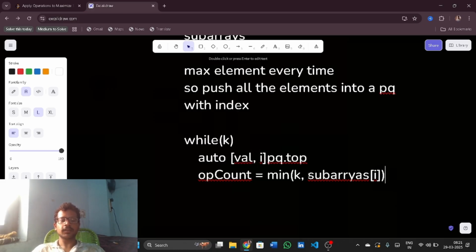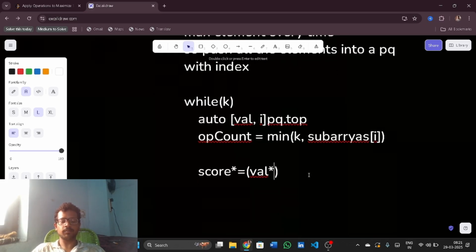and at last the score is multiplied by value. I am taking this value and also taking the power, power of value, comma, operation count number of times.